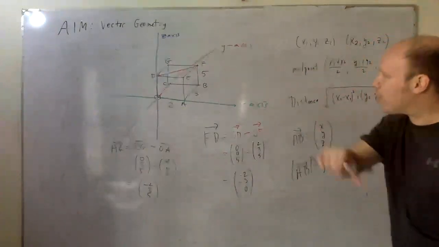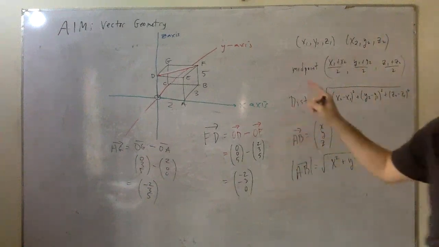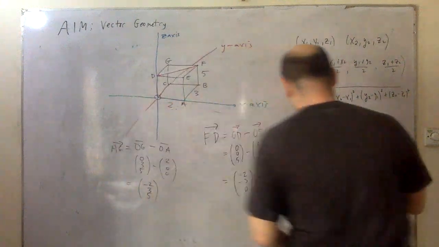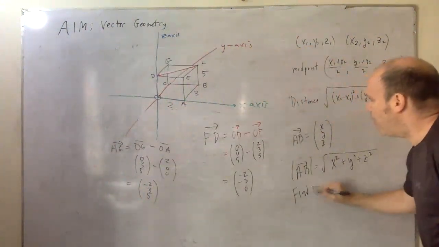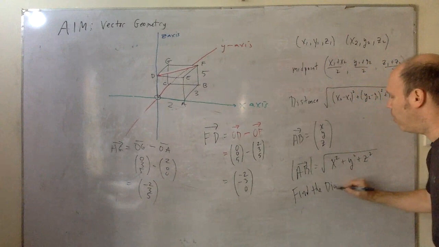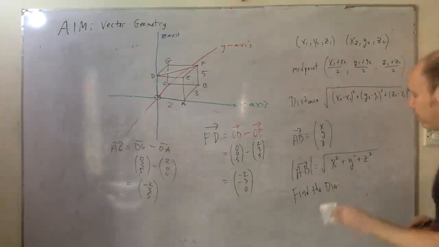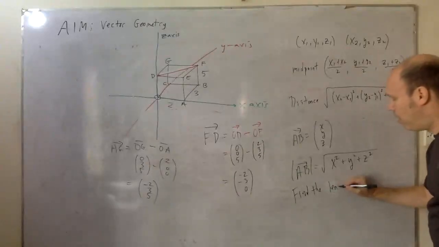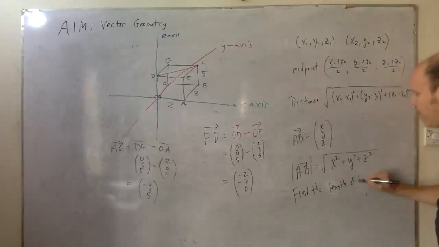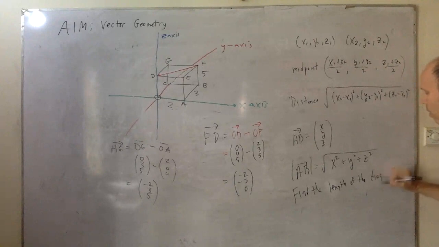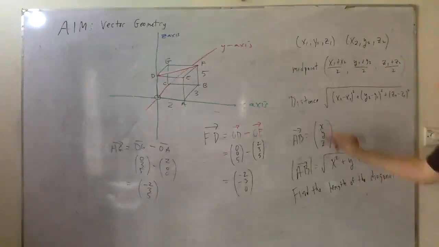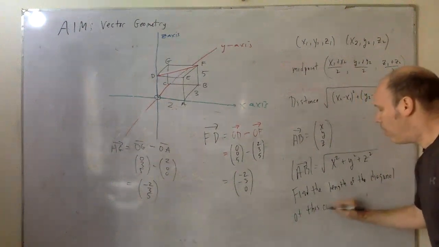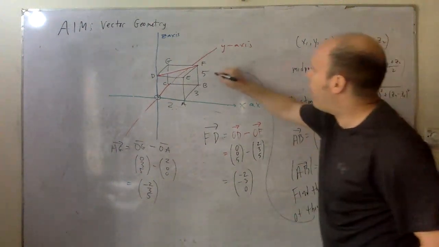Now this is kind of cool because we have a fast way of finding the diagonal of a cube. Find the length of the diagonal of this cube.